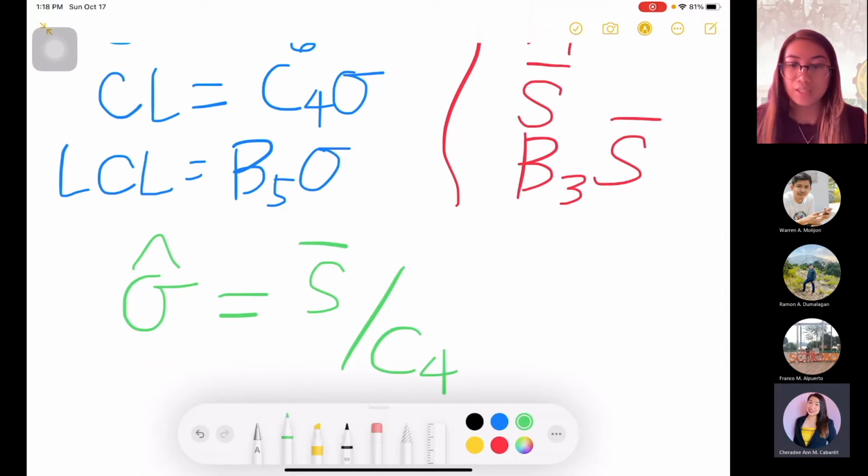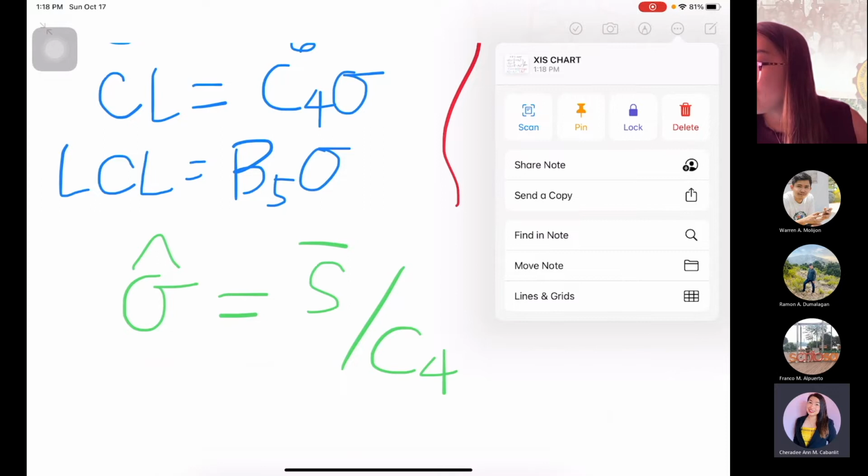That's for your sigma hat. So please take note of that. Yeah, correct. So I'll save this again.